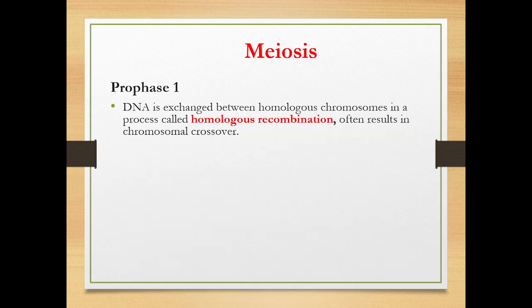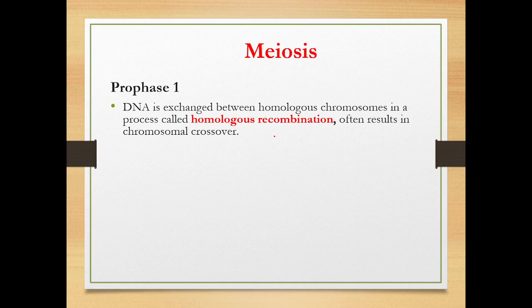During prophase 1, DNA is exchanged between the homologous chromosomes. In some lecture tests and also the final exam, they might put sister chromosomes, which is wrong. You need to understand that DNA is exchanged between homologous chromosomes in a process called homologous recombination, and this results in chromosomal crossover.